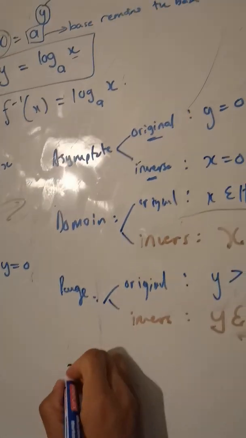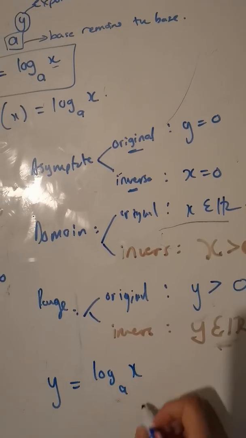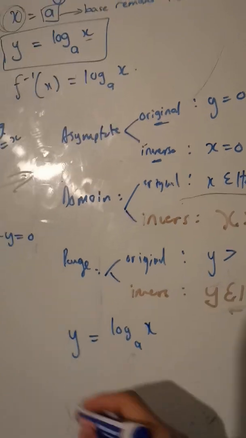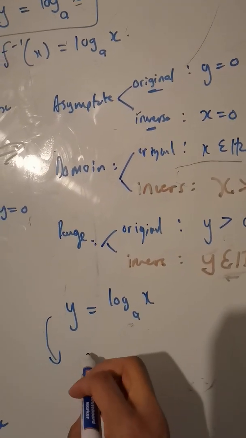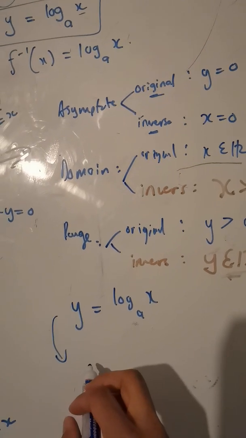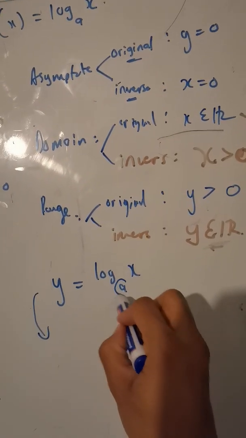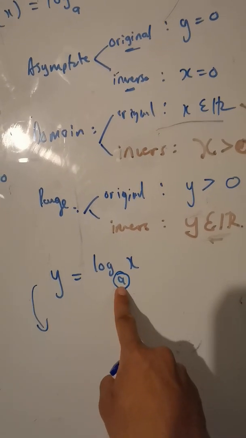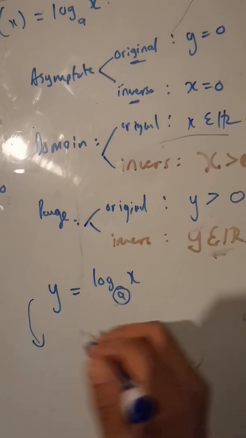Oh yes, before I go, I just have to mention that sometimes in the exams they give you this log graph. Then you have to go from log back to the original. So all that you do is, to go back to the original, just tell yourself a remains the base, and x is going to be my exponent.